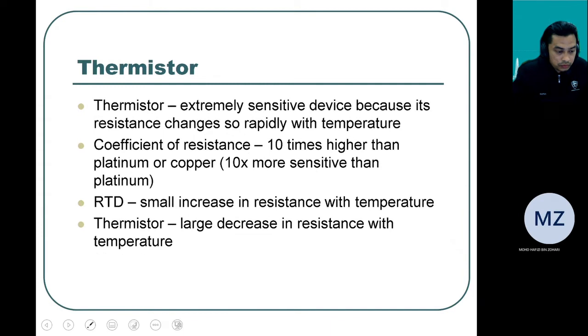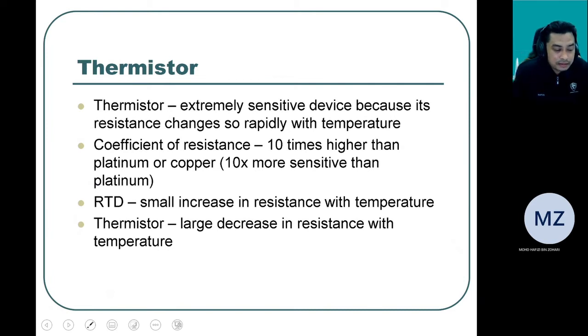So further, the coefficient of resistance. Sorry, before we go to this point, we go to the first point. Thermistor is extremely sensitive because the resistance changes very rapidly with the change of temperature. A small increment of the temperature will reduce the resistance a lot.